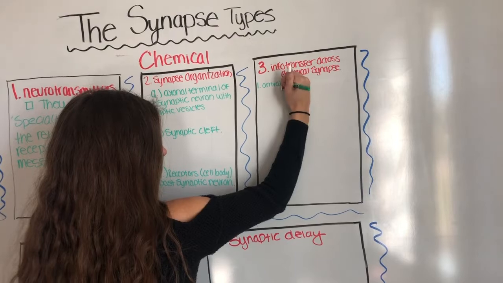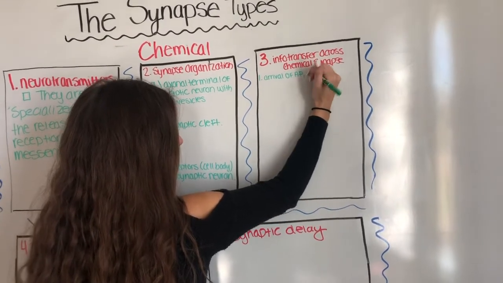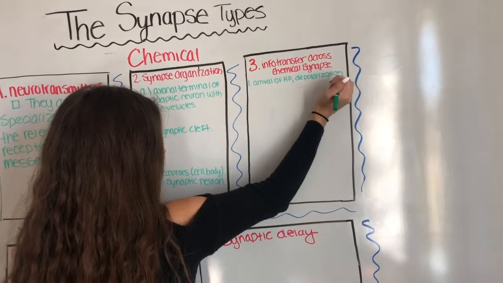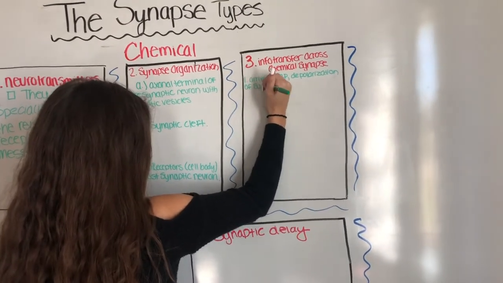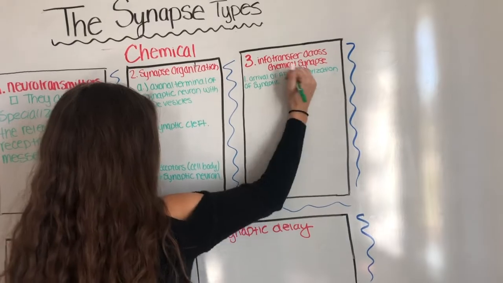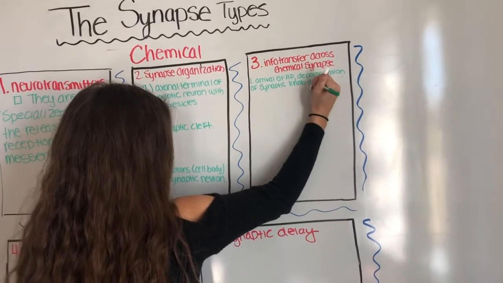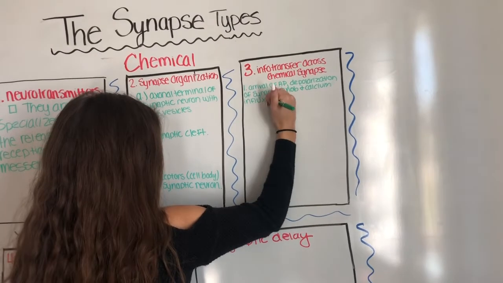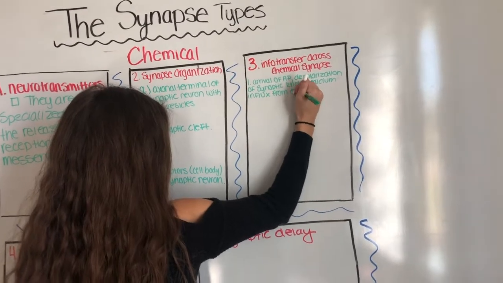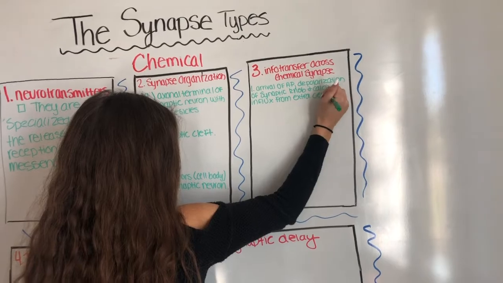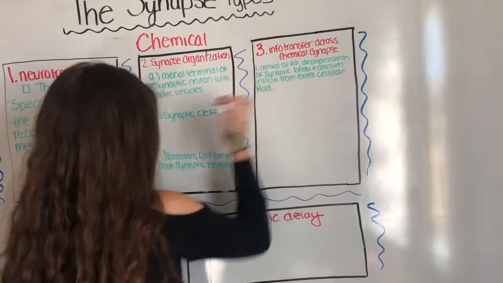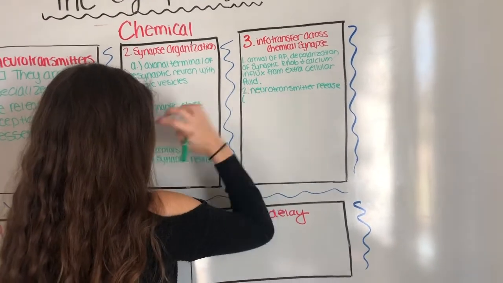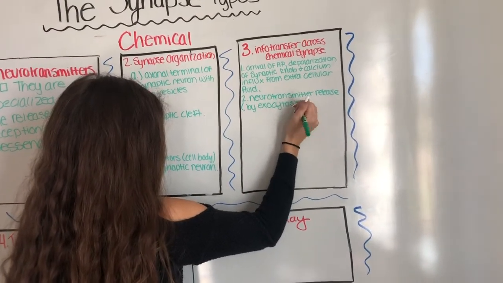Information then transfers across a chemical synapse. The action potential first arrives at the axon terminal. Voltage-gated channels open and calcium enters the axon terminal, triggering neurotransmitter release.